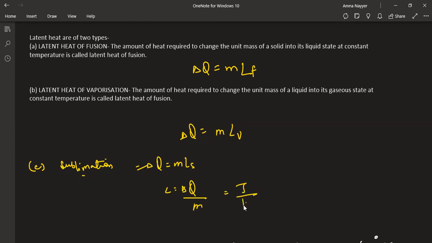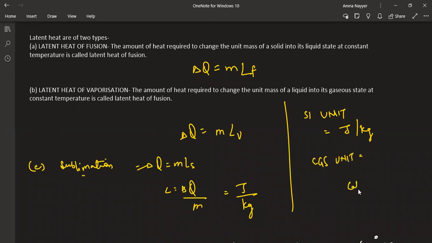So the SI unit will become joules per kg, and the CGS unit will become calorie per gram.